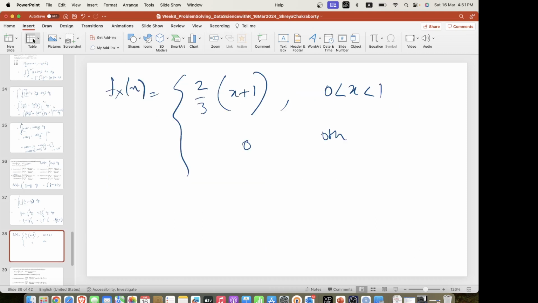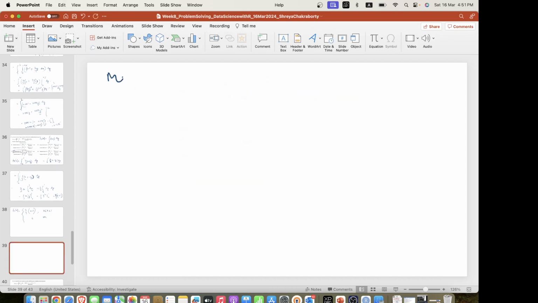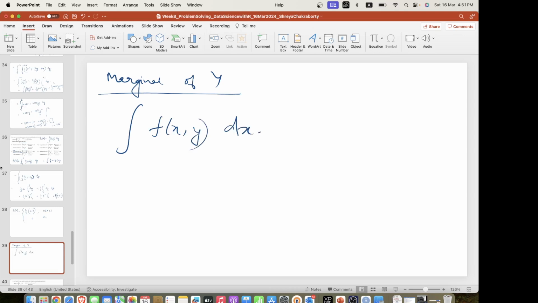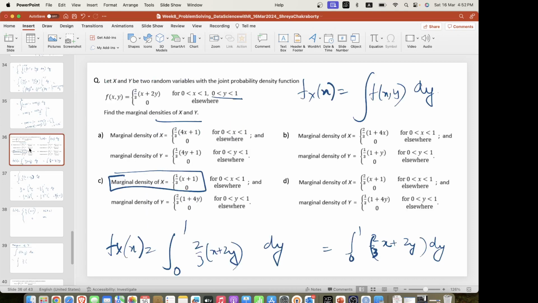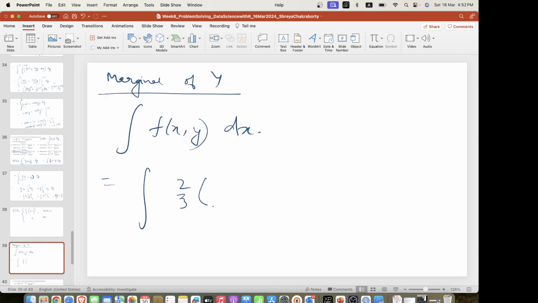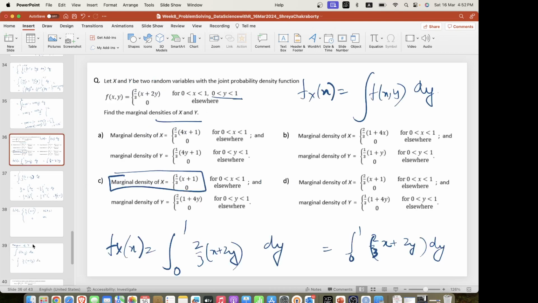Alright. Similarly, if we want the marginal of y, what we have to do in order to find the marginal of y is take f(x,y) but integrate over x. Got it? So here also we will see 2/3 times (x plus 2y) dx. And what is the range of x? 0 to 1.